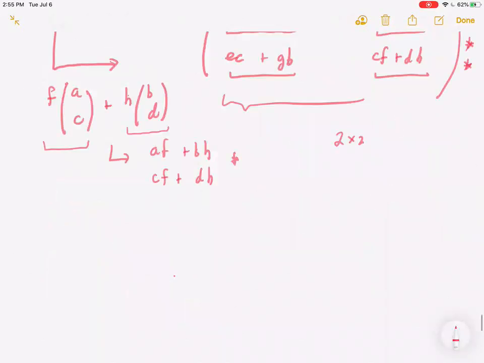Now, contrast that with our classical way, not looking at matrix multiplication as taking linear combinations, but our classical way to do matrix multiplication.